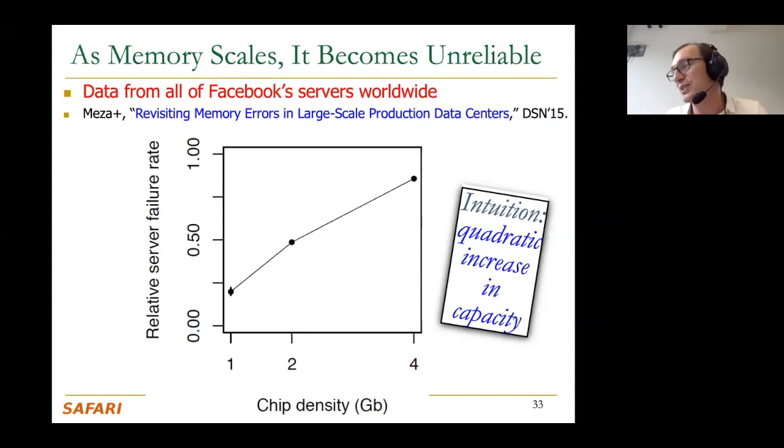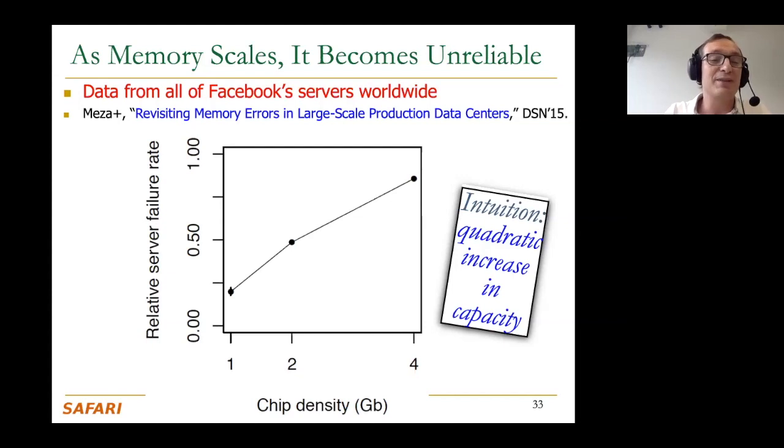That's one metric actually. We use that, but it's not enough. We cannot compare that. We need to normalize it to some baseline servers, because we cannot take out the chip while it's in production and replace it with a 2 gigabit chip and then replace it with a 4 gigabit chip. That's not what we can do.